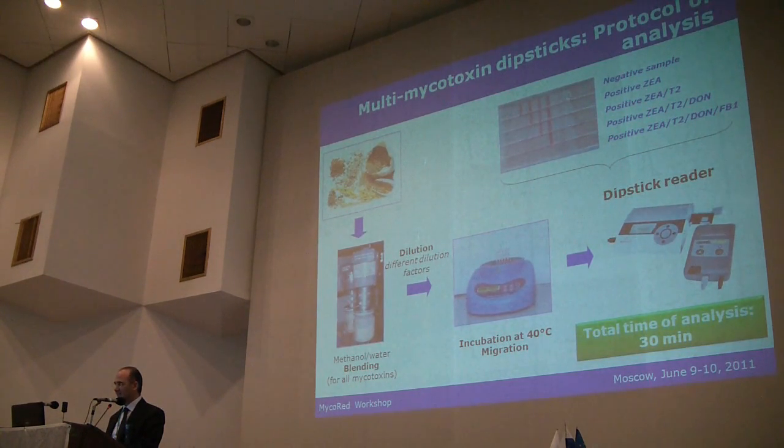The first is a negative sample. All lines are darker than the control line. And this is a positive sample for zearalenone. This is a positive sample for T2. This is a positive sample for T2 and DON. This is a positive sample with all mycotoxins.